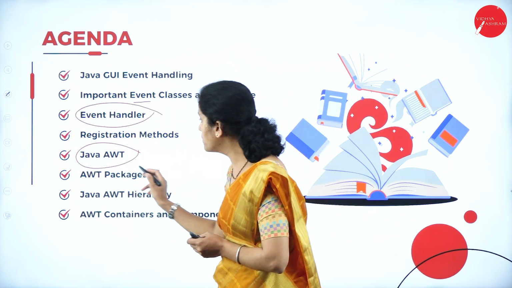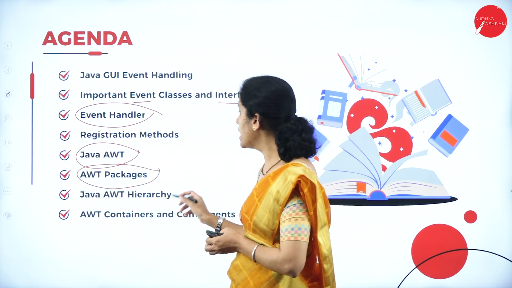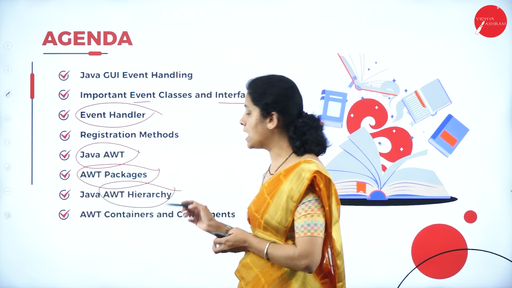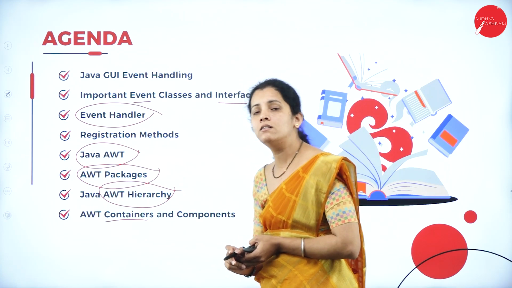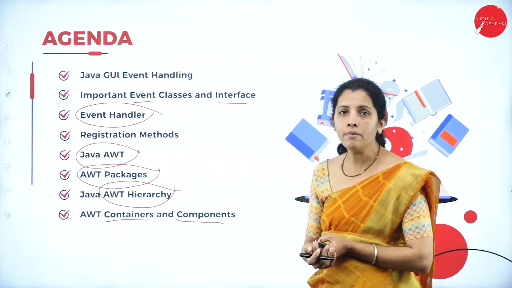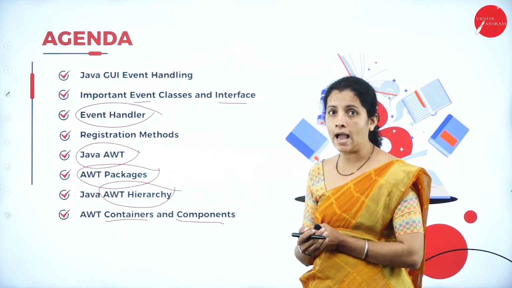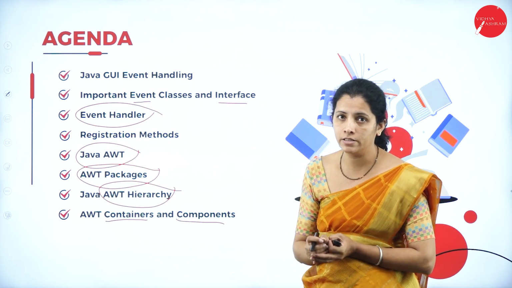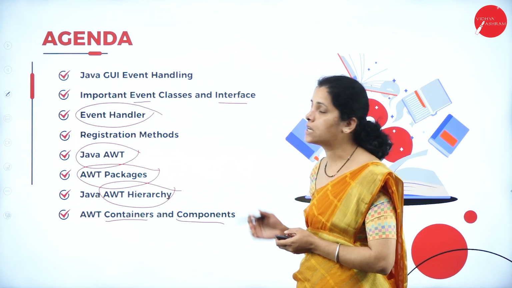In that, I'm going to discuss some of the packages as well as AWT hierarchy, and what is container and what is components. Anyway, dear student, this is very interesting as well as important chapter, and you can expect short question under this chapter.